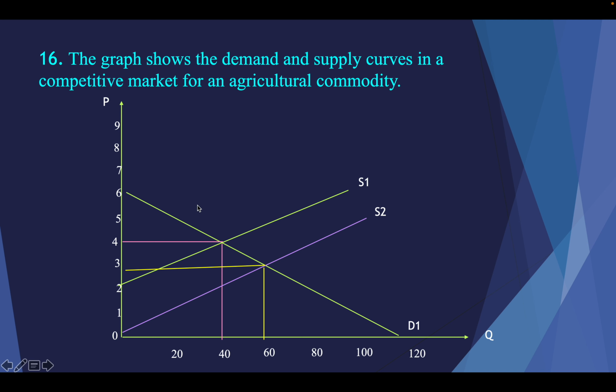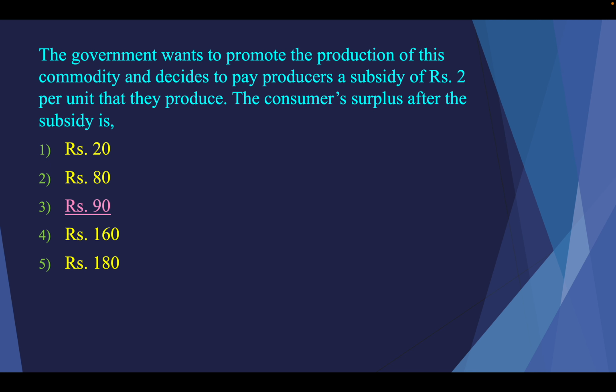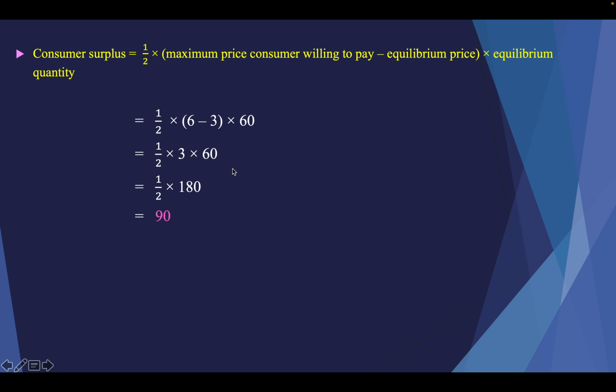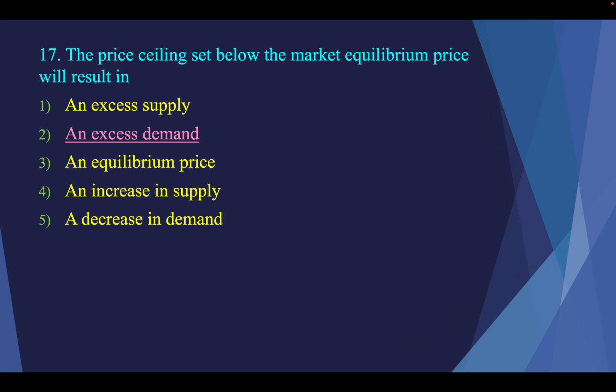So from the diagram, this is the maximum price consumer is willing to pay, this is the equilibrium price and this is the equilibrium quantity. The triangle. So you can see here, put these values into this equation and find out the consumer surplus.